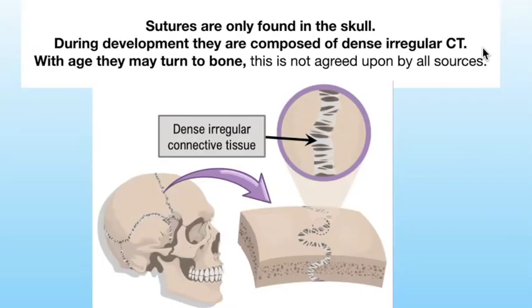There's a large anterior fontanelle, and there's multiple other fontanelles, but the most important one is the anterior fontanelle. And they're very important. They allow for molding of the baby's head during delivery, and then as the baby grows, they allow for growth of the baby's skull. With age, sutures in the skull may turn to bone, or they may stay dense, irregular connective tissue. This is not agreed upon by all sources, what exactly happens, and perhaps it is different in different individuals.